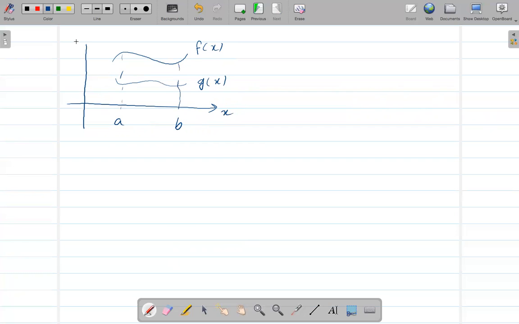This is the x-axis, this is the y-axis. All right, and then let's find the area of this middle region that is enclosed by f of x and g of x. How are we going to find the area of this region?